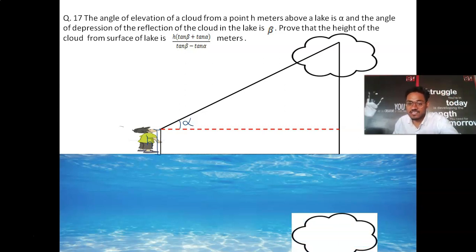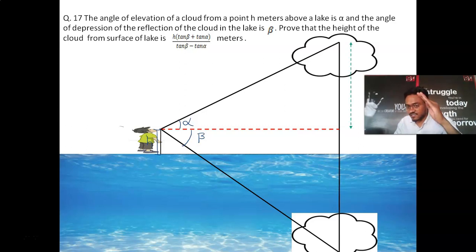So let me take the reflection. See, the reflection of this cloud is in the lake, and here the angle of depression is formed, and this angle says beta. Clear? Now see students, let me mark this height also. This denotes the depth of this cloud from the lake surface.